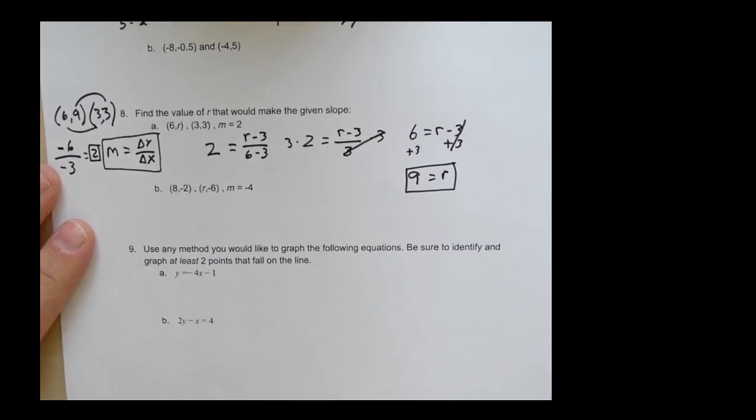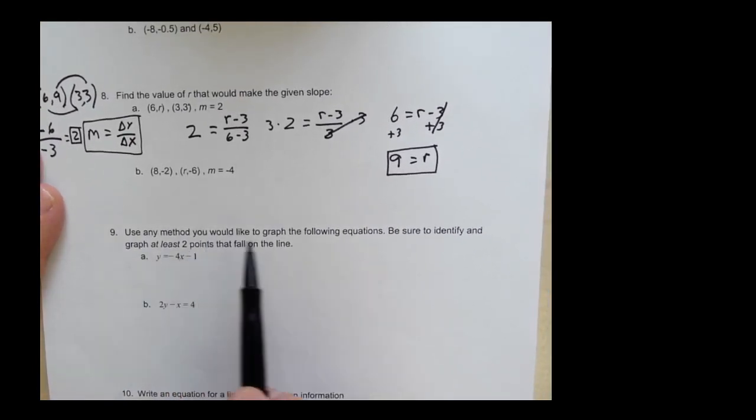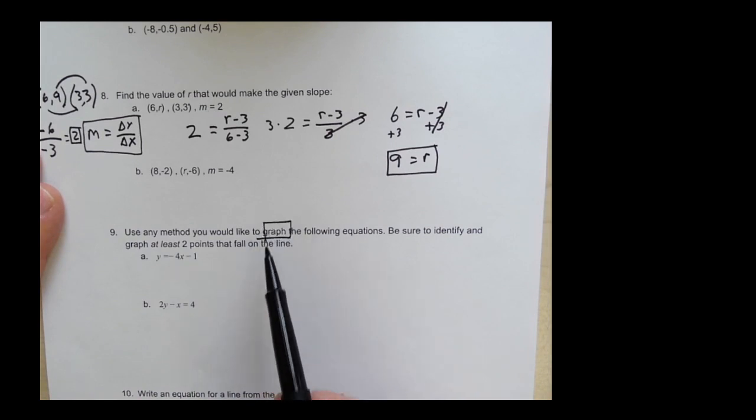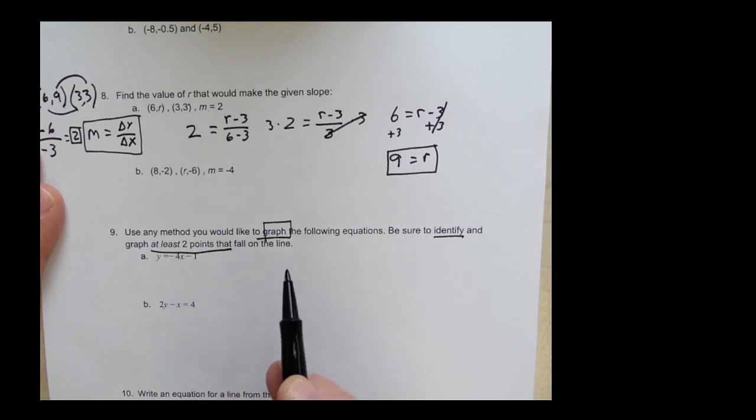9a is my favorite one on here. As I told you, so many things, because we need to graph, identify at least 2 points. So, couple different ways that you can do this.